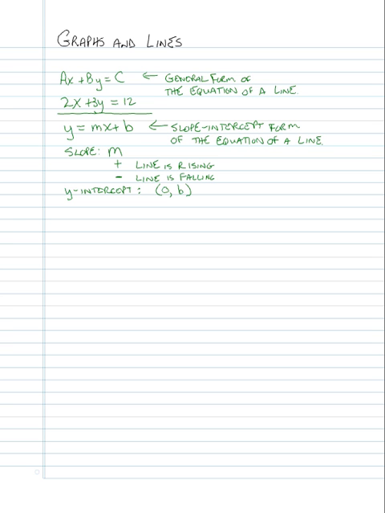So for instance, we could have an equation that looked like y is equal to 1/2 x plus 3, and we would know that the slope is 1/2, and the y-intercept, in this case, of course, is (0, 3). So it crosses the y-axis at y value of 3, and a slope of 1/2 means it's positive, it's rising, but not real quickly. So I'm sure that you remember those things.